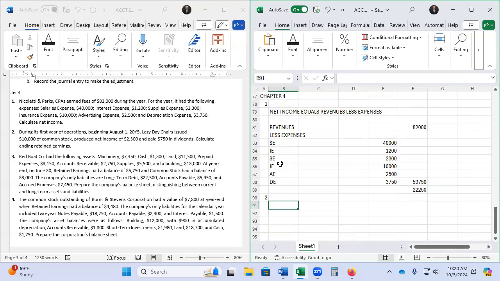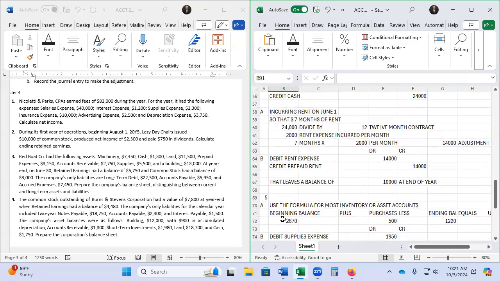So when I come around to check, what I'm looking for is the form. Are you putting it in the right form more so than the dollar answer? Okay, so how do we start this one?